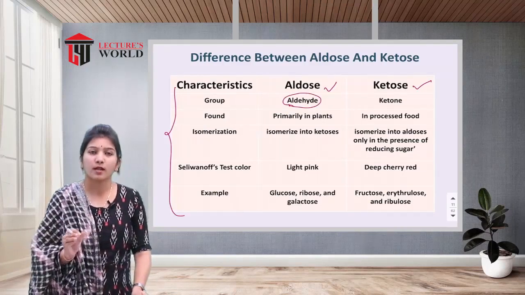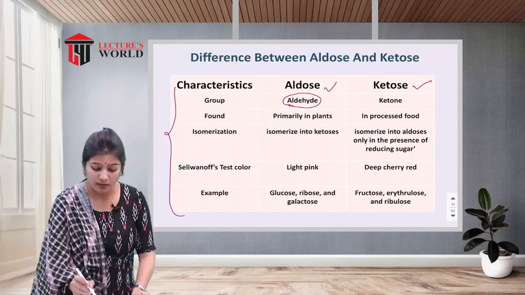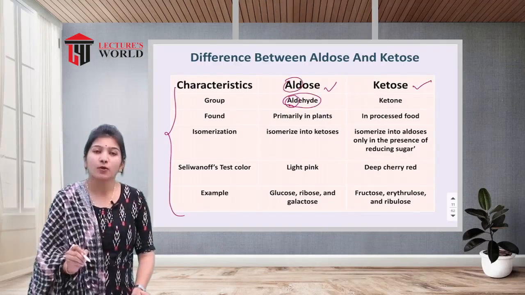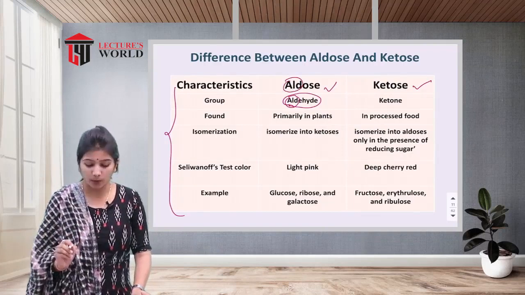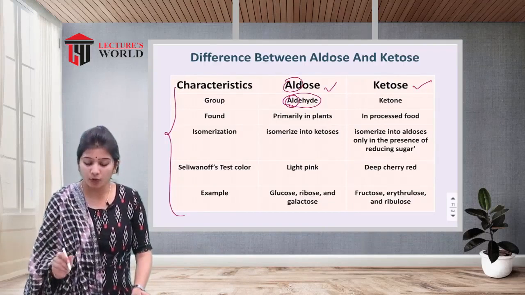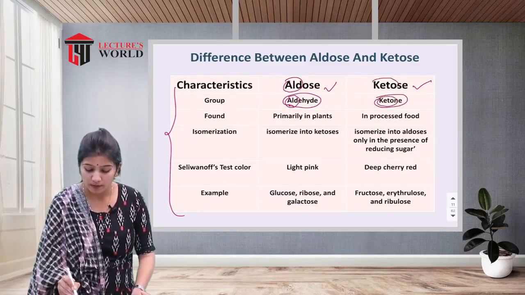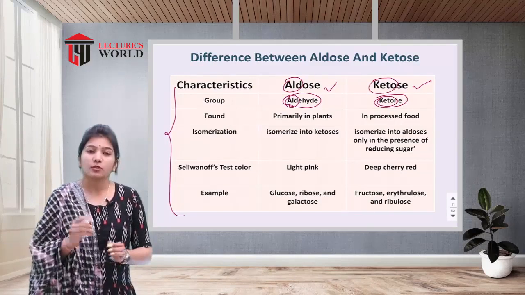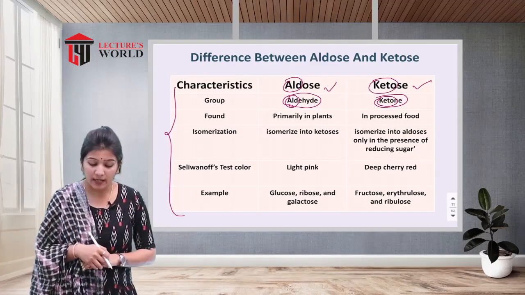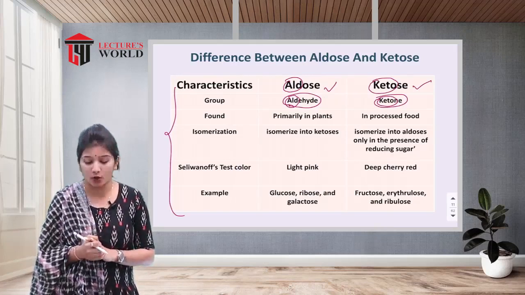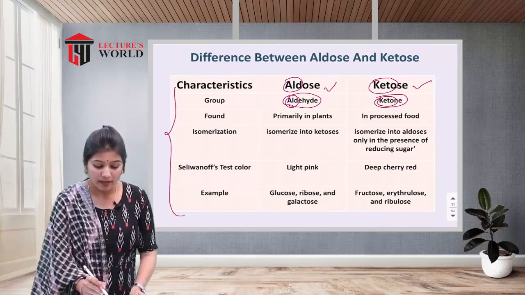Aldose and aldehyde, you can see both words have ALD. Aldose is having the aldehyde group, whereas ketose is having the ketone group. So you can familiarize these words. Both are a type of monosaccharides, aldose having the aldehyde group and ketose having the ketone group.